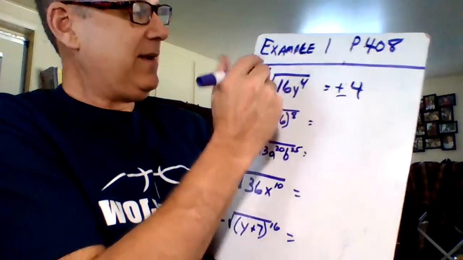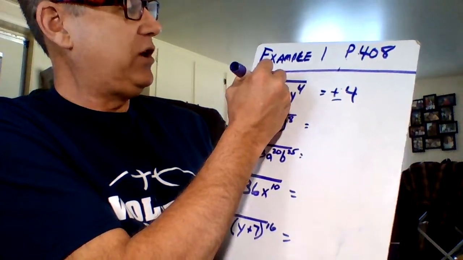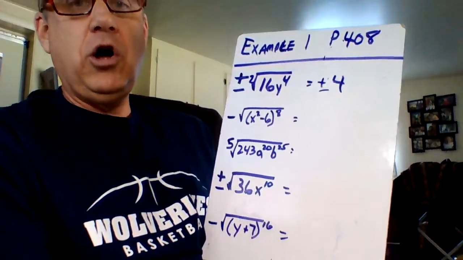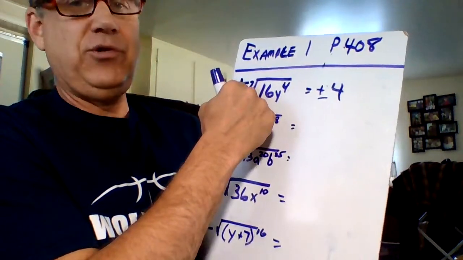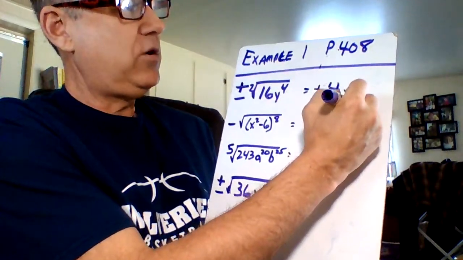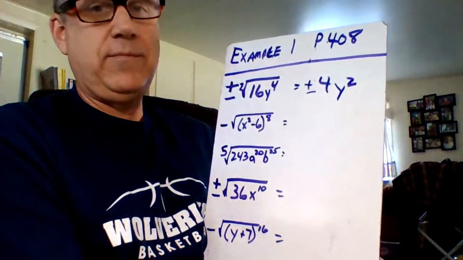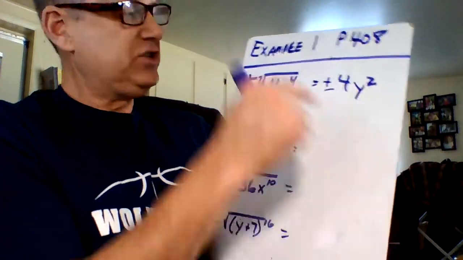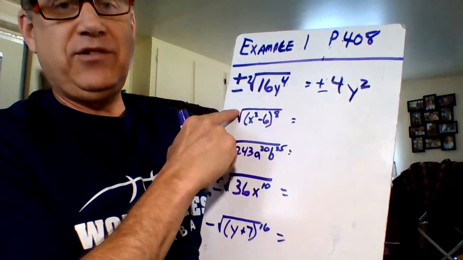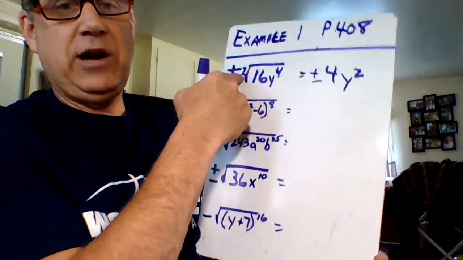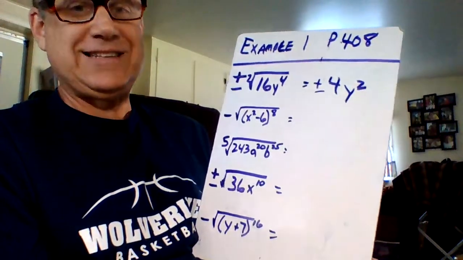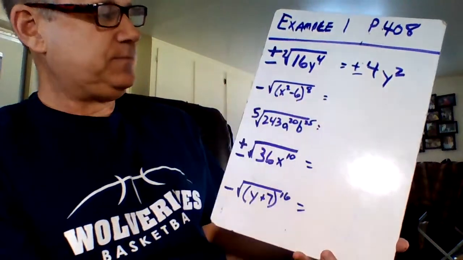If the root is 2, all we do is take 4 divided by 2, and we're left with y squared. So whatever your nth root is, you divide the exponent by that number. Okay? So let's take a look at our next one.